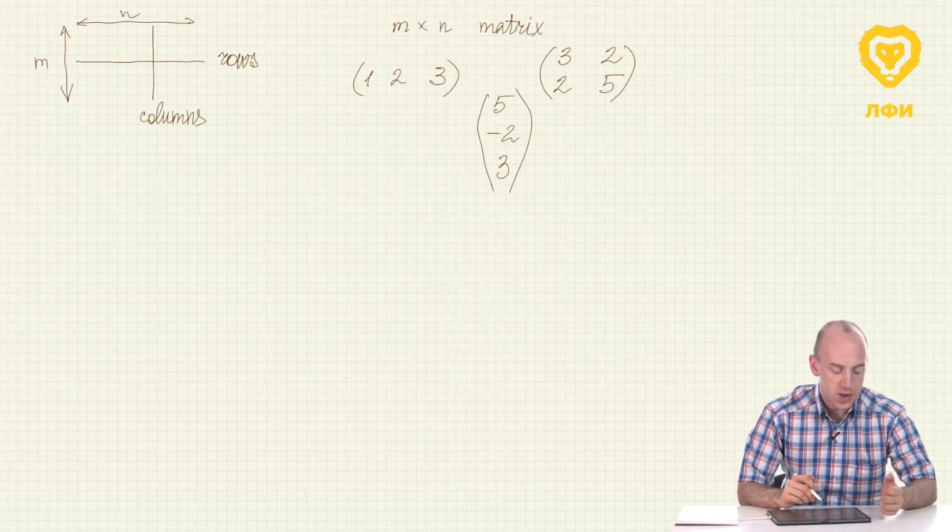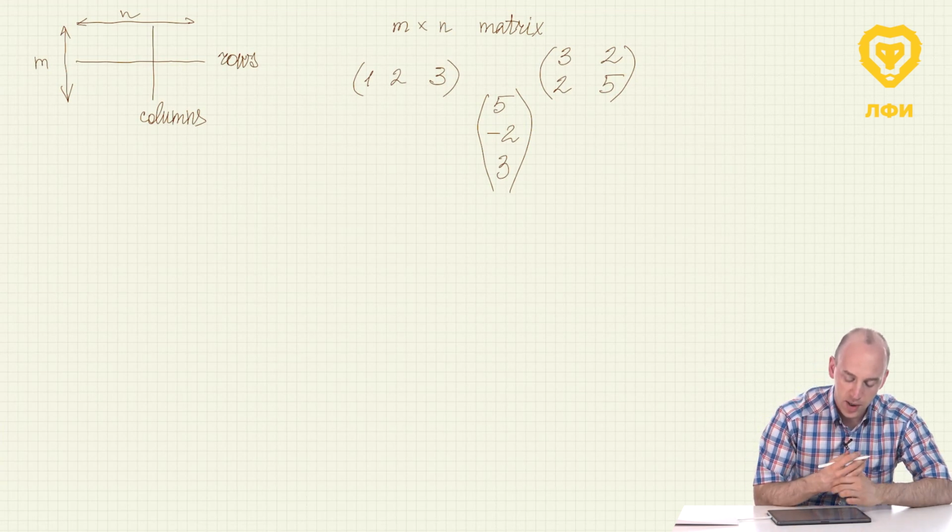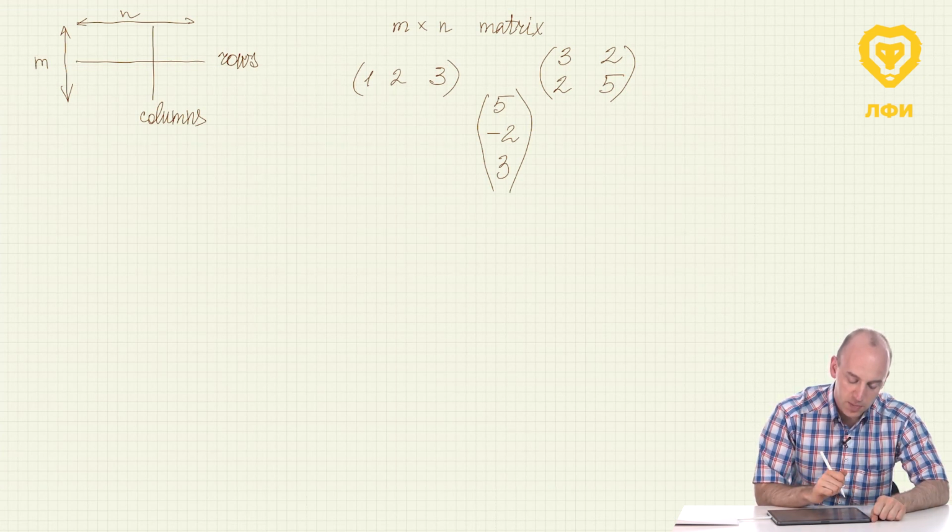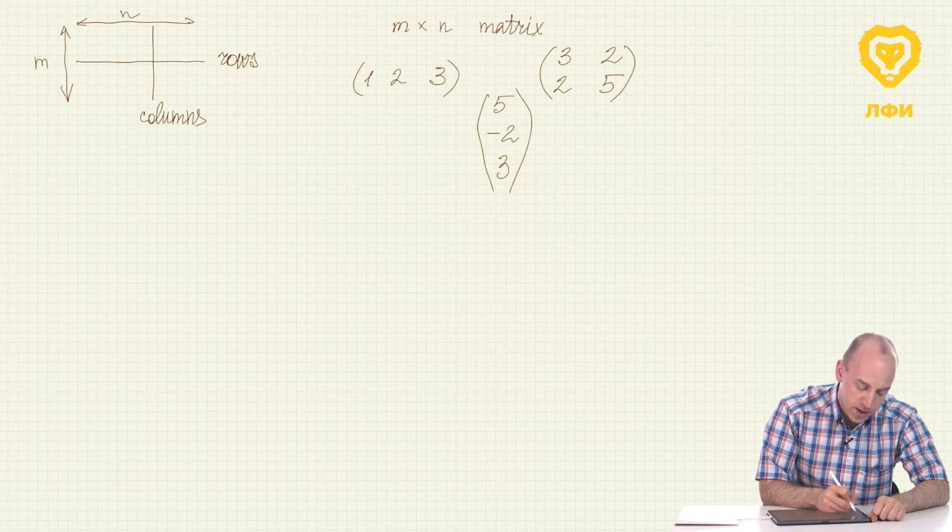But now let us go on to operations with matrices and how we can deal with them. There are two operations that are pretty simple. These are multiplication of a matrix by a number and addition of matrices. So when we multiply a matrix by a number, we take an arbitrary number and multiply all elements in a matrix by this number.